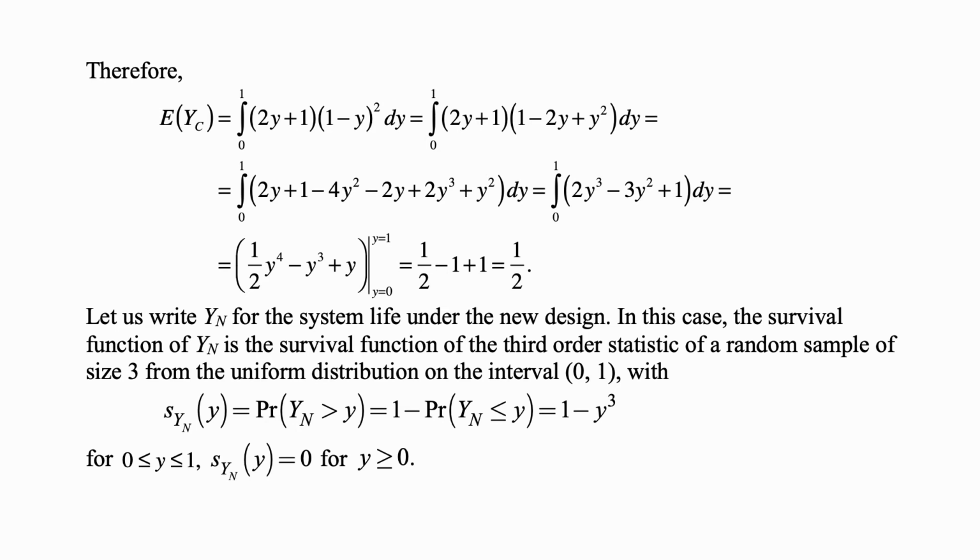And let us write Y sub N for the system life under the new design. In this case, the survival function of Y sub N is the survival function of the third-order statistic of a random sample of size 3 from the uniform distribution on the interval 0, 1, and therefore S sub Y_N of y is the probability that Y_N is greater than y, which is 1 minus the probability that Y_N is less than or equal to y, and for uniform distribution on 0 to 1, the cumulative distribution function is equal to y between 0 and 1, and therefore this is 1 minus y cubed, because the third-order statistic is less than or equal to some number if every single piece of the random sample is less than or equal to that number.